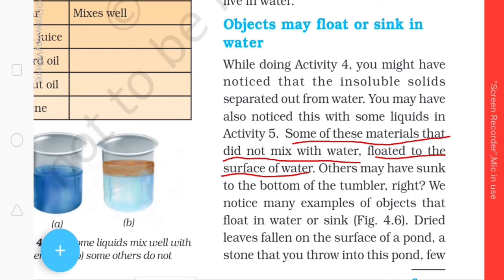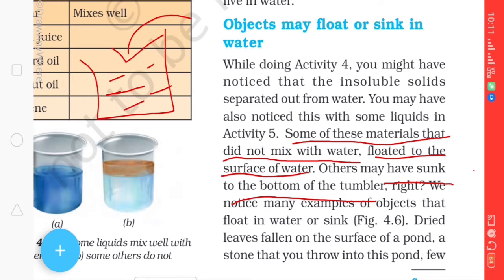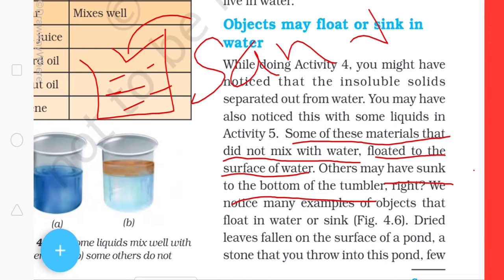For example, oil also floats on the water. Others may have sunk to the bottom of the tumbler, that means they will go inside. For example, if this is water in a glass and we add sand, what will happen? The sand will go inside the water and settle at the bottom.